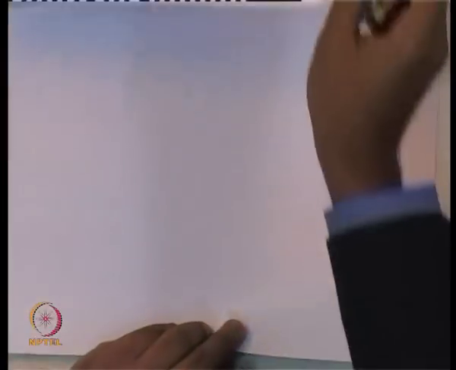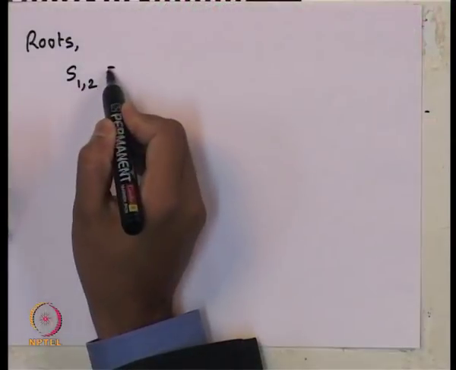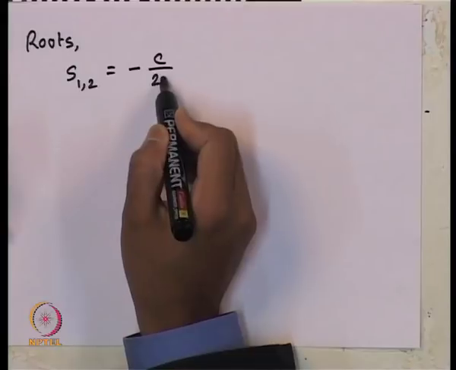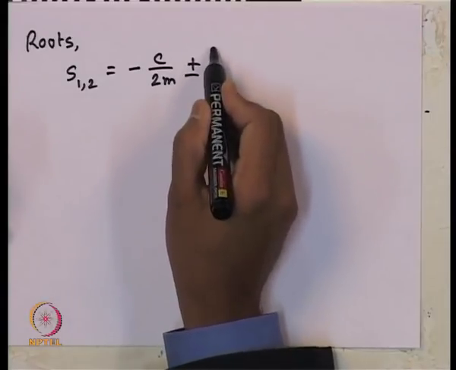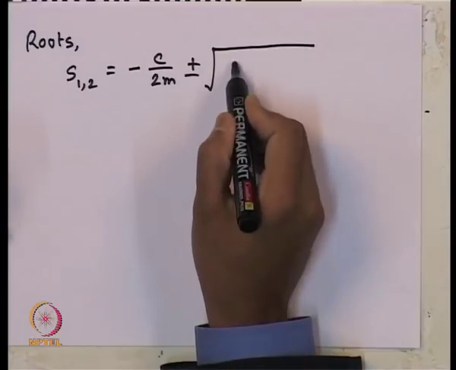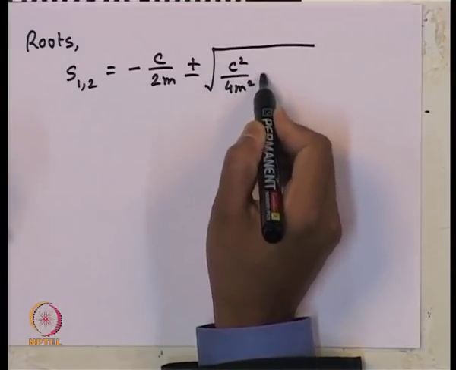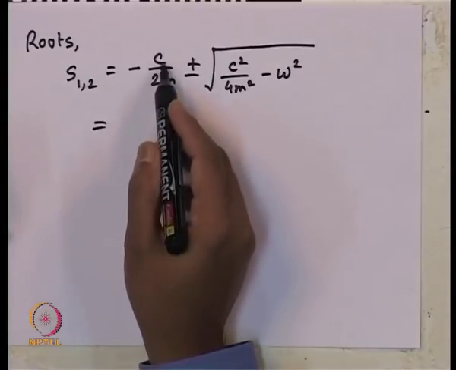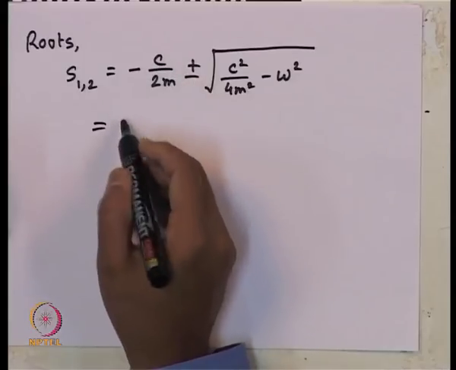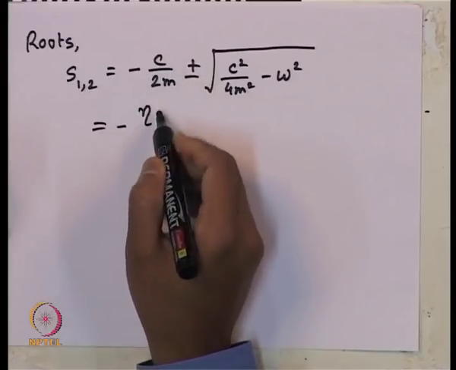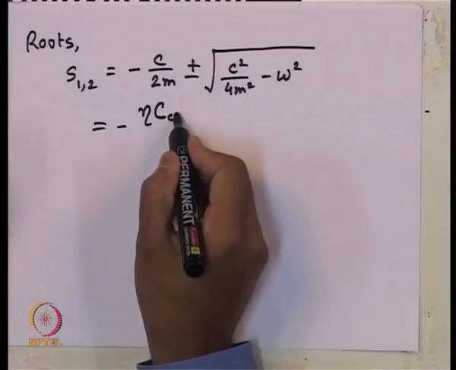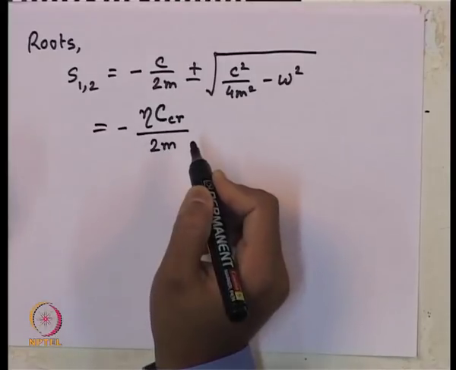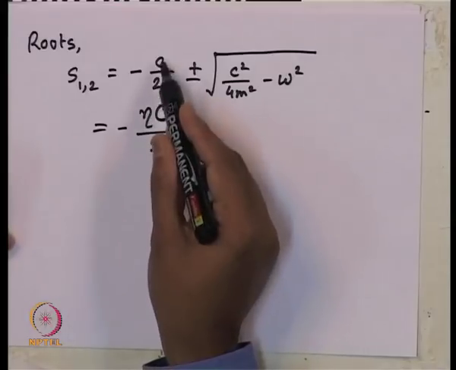So, with this condition, what are the roots we are getting for this case when roots are real and distinct? The two roots will be minus c by 2 m plus minus root over c square by 4 m square minus omega square, that was the solution we got. Now, c is how much? The damping ratio times CCR. We have defined eta equals c by CCR.